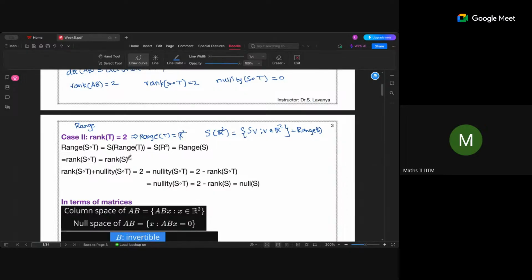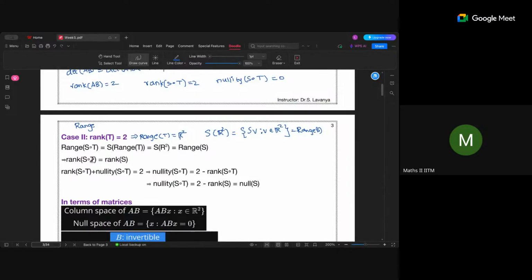Now what about the nullity of S composition T? We can simply use the rank nullity theorem to give the answer, right? If you apply the rank nullity theorem to S composition T, then rank of S composition T plus nullity of S composition T should be 2. Now, I'm just rewriting the equation this way, bringing rank to the other side.